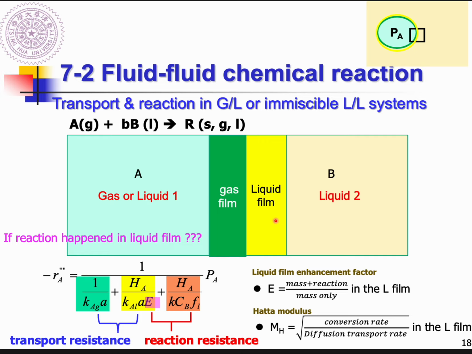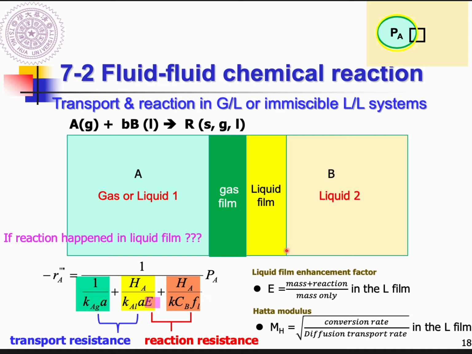Right. So this is quite important because it can tell you whether the chemical reaction happens in the liquid film, bulk liquid, or both. Okay, so we have two important indicators to describe the behavior in the liquid film.